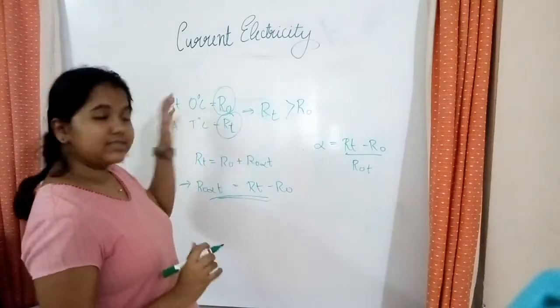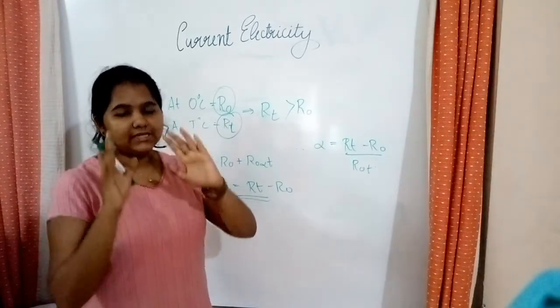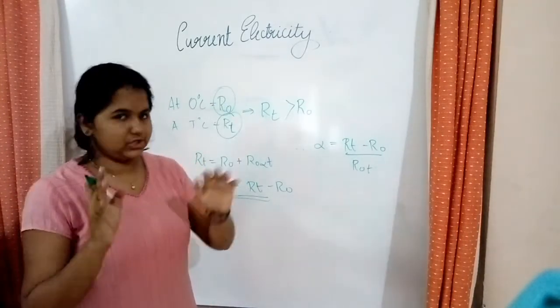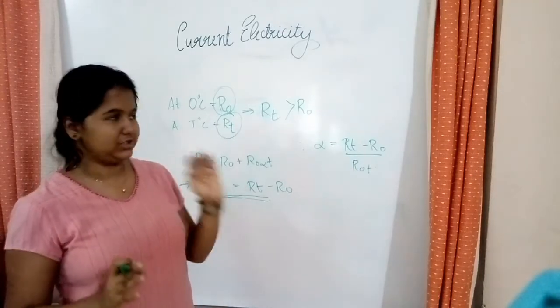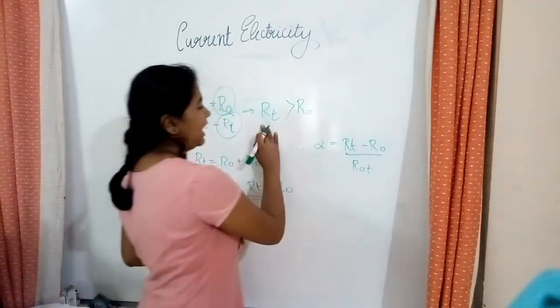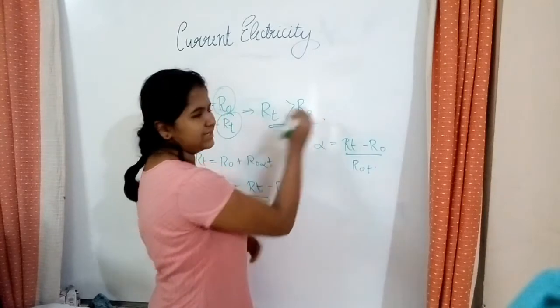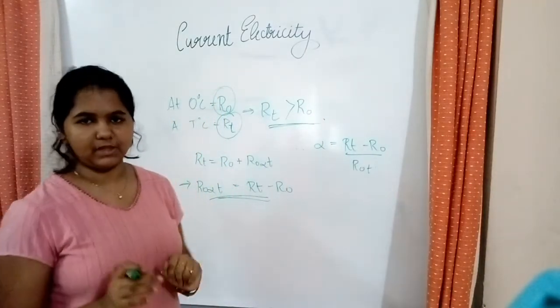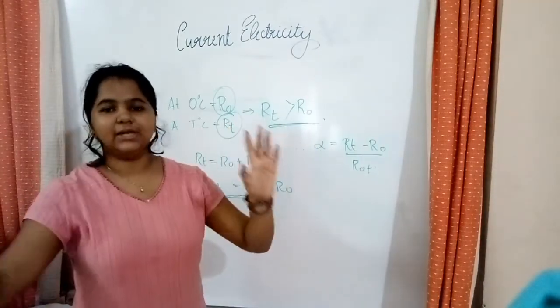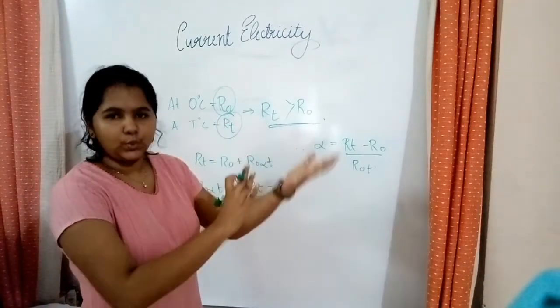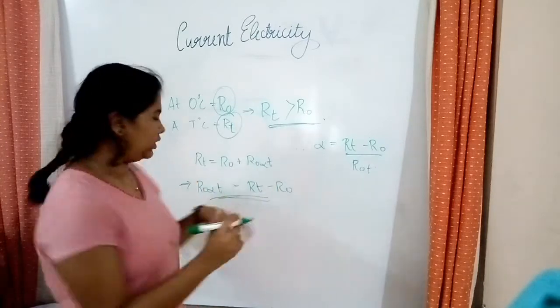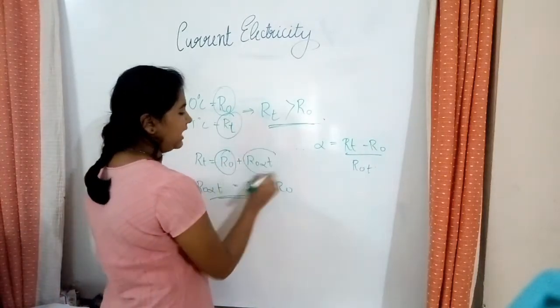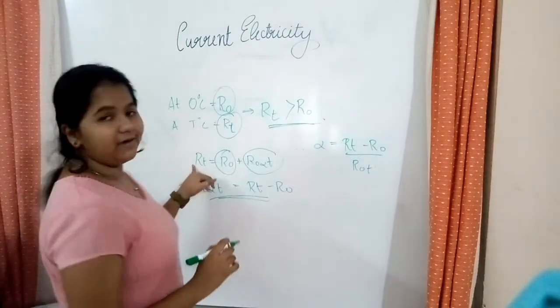At a temperature T means it's something greater than 0 degrees Celsius, not lesser. We take that case, so RT is greater than R0. To find out the new term, the initial value plus the difference gives the new one. So R0 plus R0 alpha T would give RT.